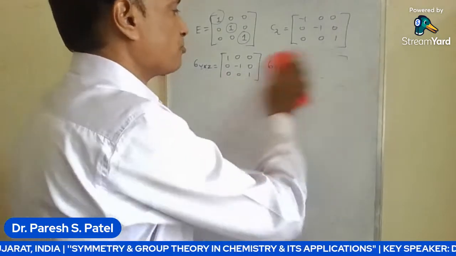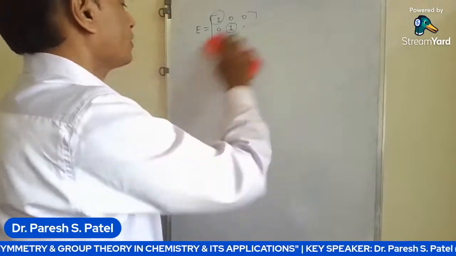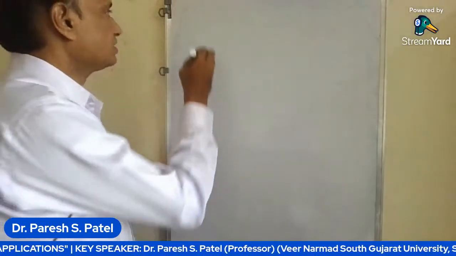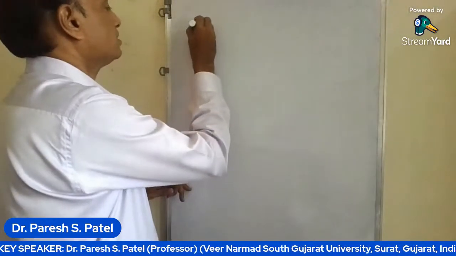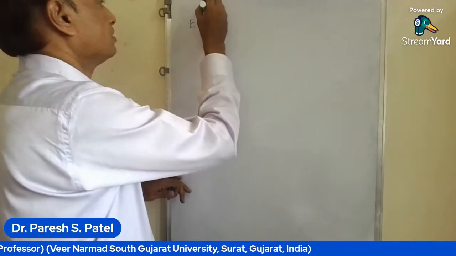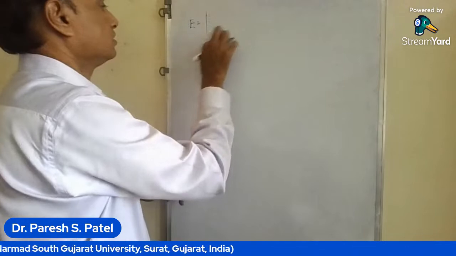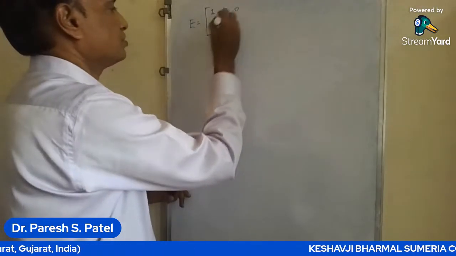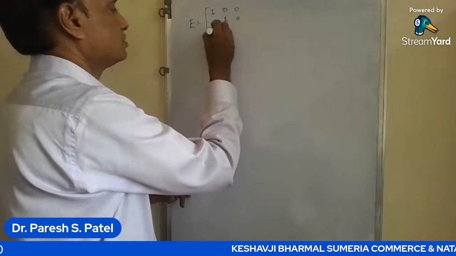Second example is the ammonia molecule. We know that the matrix representation for the identity symmetry operation is 1 0 0, 0 1 0, 0 0 1.